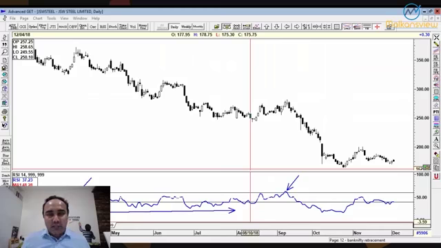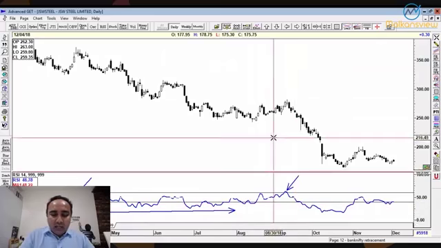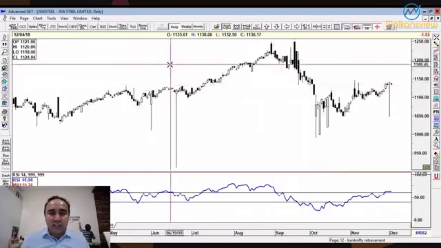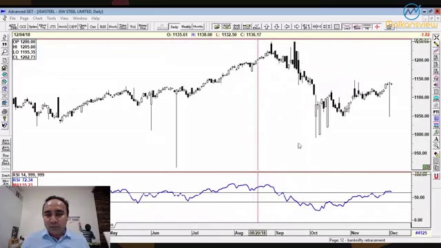Now in a sideways market, your trend indicator, whichever indicator it is, has to indicate that it's a sideways market, which can be your RSI. Let's say I'm looking at Nifty right now. Sorry, this is Bank Nifty. Let me put Nifty futures.